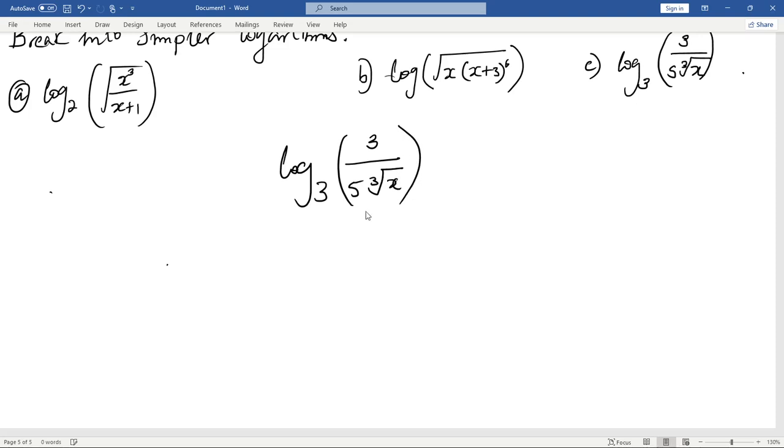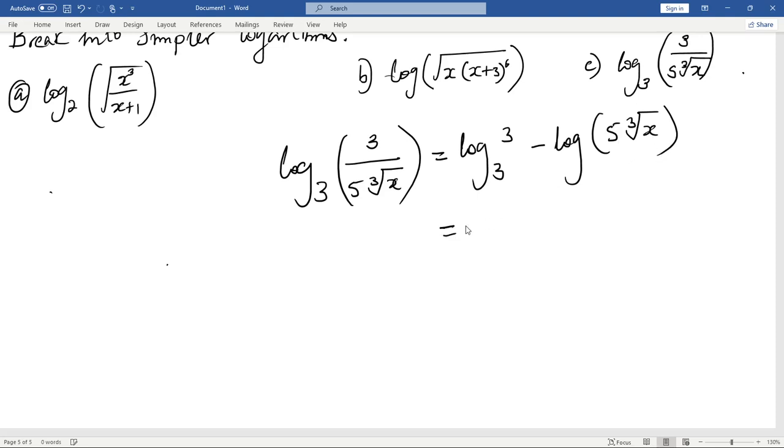So breaking this one down, we're simply going to say log 3 to the base 3 minus log of 5 times the cube root of x. Now this 5 is being multiplied by the cube root of x, and the cube root of x is just the same as x to the power 1 over 3.